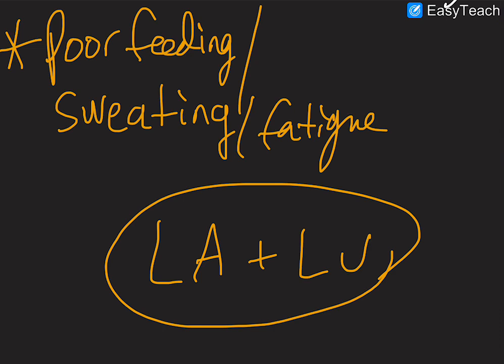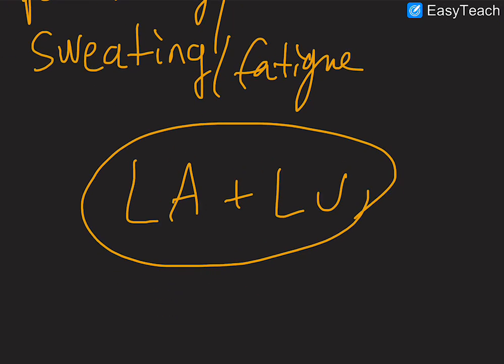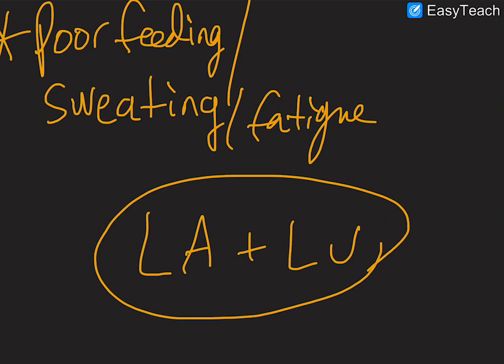The left side won't be able to pump that much fluid. So we're going to get not only congestive heart failure, but that blood will begin to back up. So that's the reason you see fatigue and poor feeding, because there's a lot of muscles involved in feeding, right?